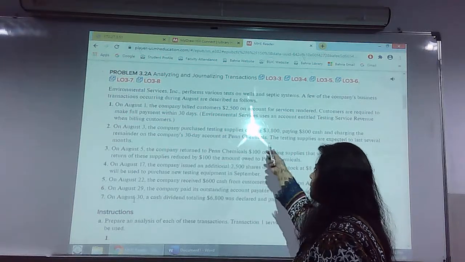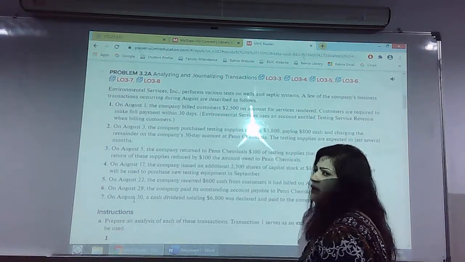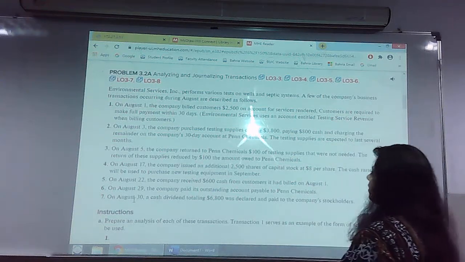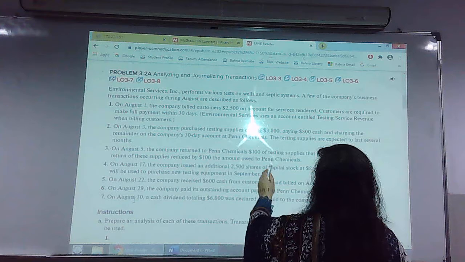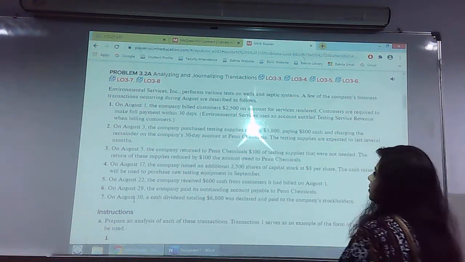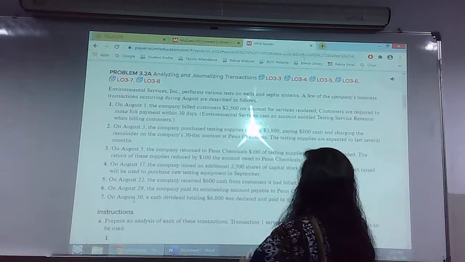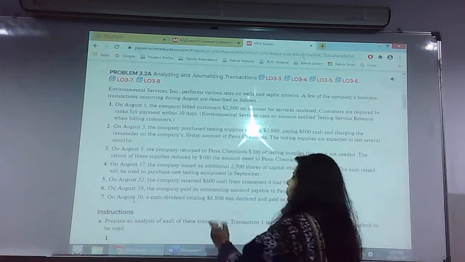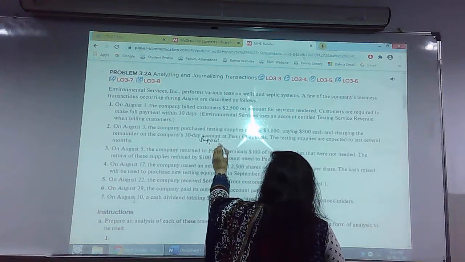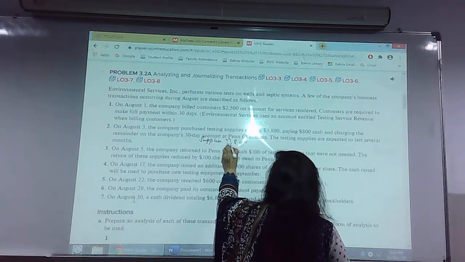And in this case, the company purchased testing supplies costing $3,800, paying $800 cash and charging the remainder on account at Penn Chemicals. The testing supplies are expected to last several months. So now they purchase the supplies, you're going to debit the supplies, so you debit the supplies as $3,800.